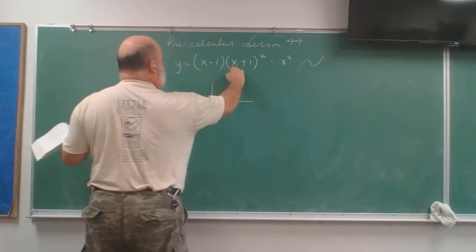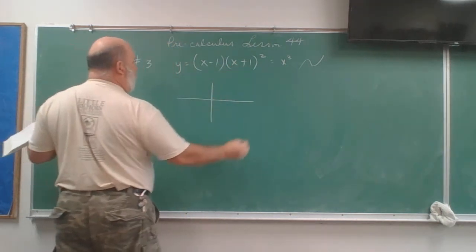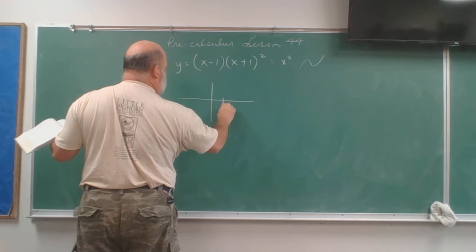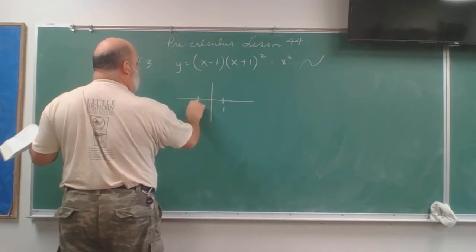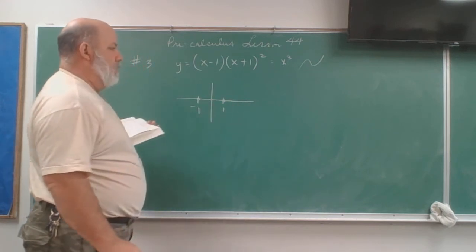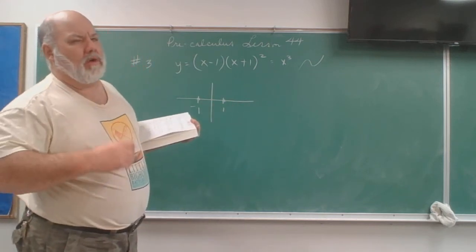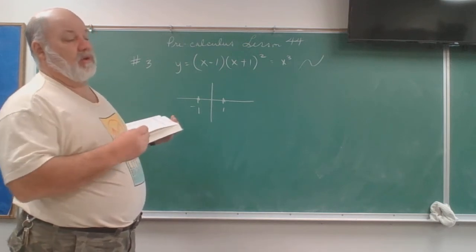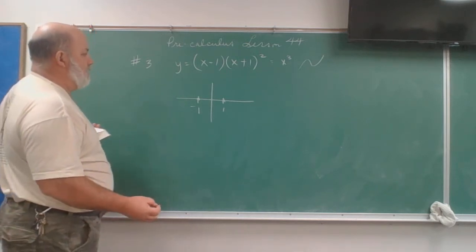These will tell you the zeros, where it's going to cross the x-axis. It's going to cross at positive 1, and I have a zero at negative 1 also. Those are my zeros. Now, I misspoke when I said we know that's where it crosses. We know that's where it crosses or touches the x-axis.